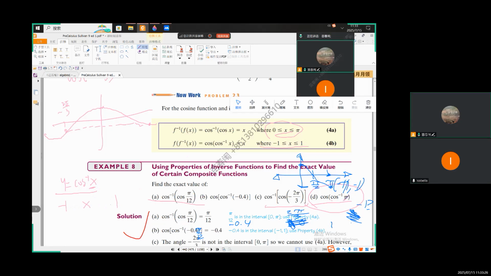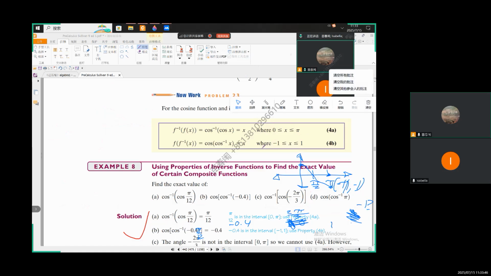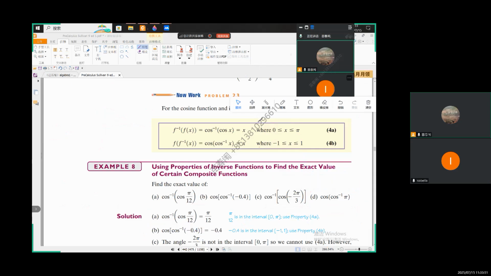This one is pi, which is 3.14 something, which is out of the domain, which means it can't be done. Yeah, so we got nothing from here. Right? Same thing as that sine thing, right? It's just out of this domain and we can't do it.